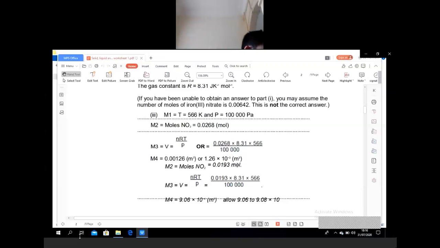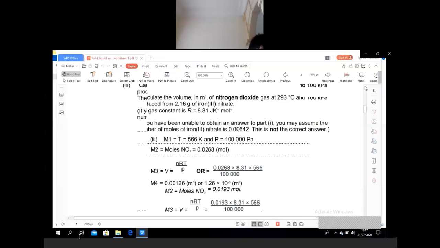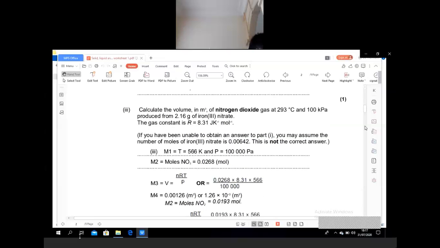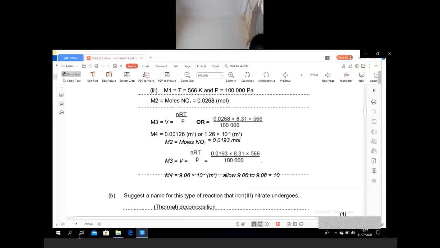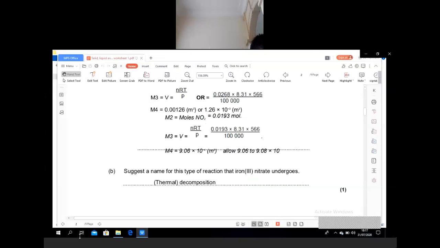Okay, so we found the volume of nitrogen dioxide, 0.00126.